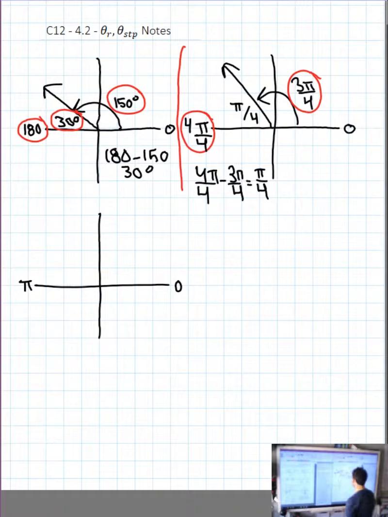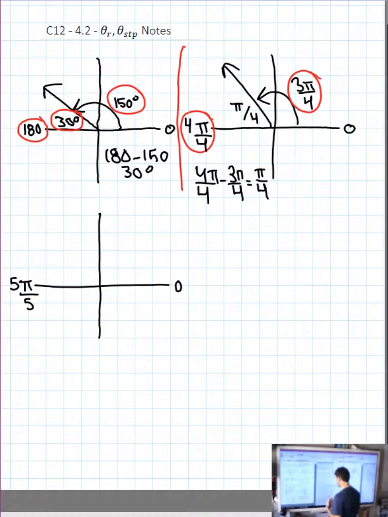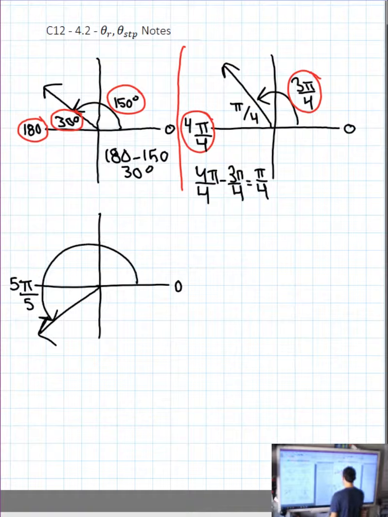Well, I'm over 5, so I've got to get pi to be over 5. And then I have to have a numerator of 5 as well, and I want to break it up into sections of 5. So if I want to go to 6, 1, 2, 3, 4, 5, 6. So I know that my terminal arm is down here. And I know that my angle all the way around to my terminal arm is 6 pi over 5.